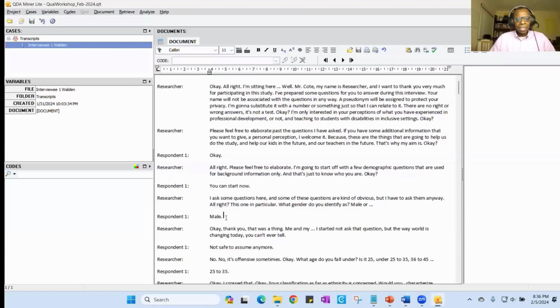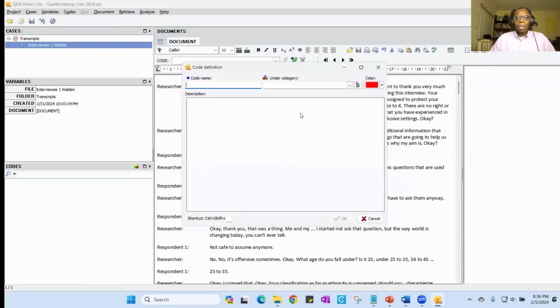So we highlight this, and then we click on this green marker right here. All right? So we have two things, the code name and what category the code is under.